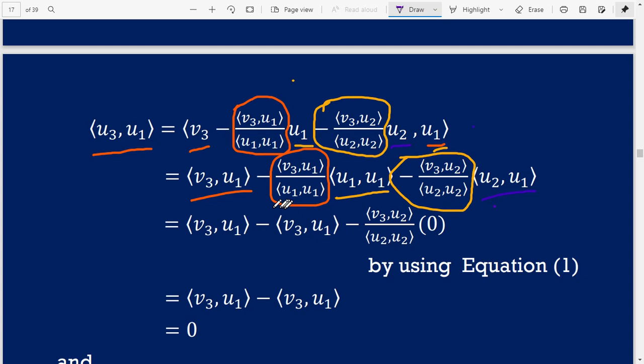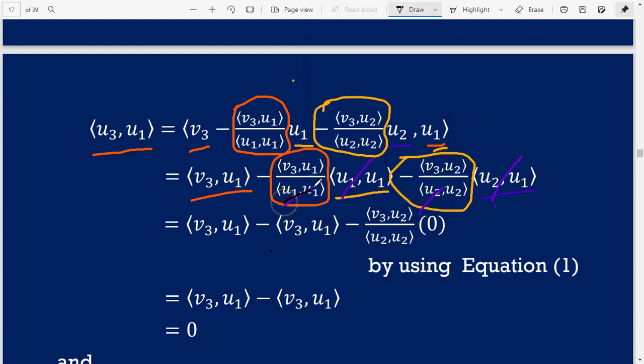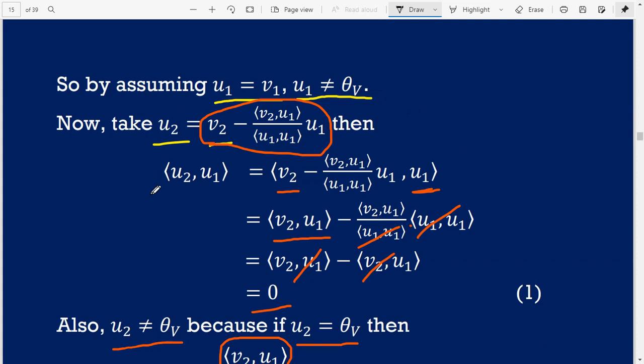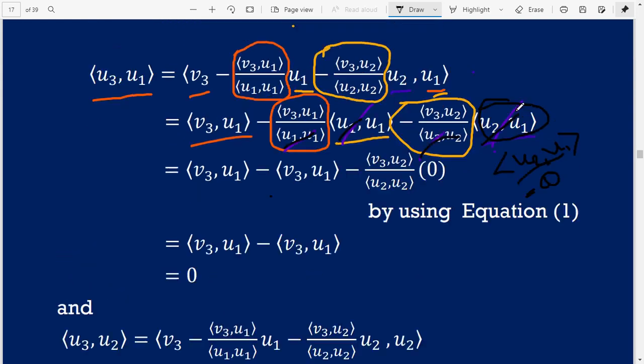So this cancels out, this cancels out, and this cancels out. And inner product U2 with U1 is equal to 0 by using the first result.